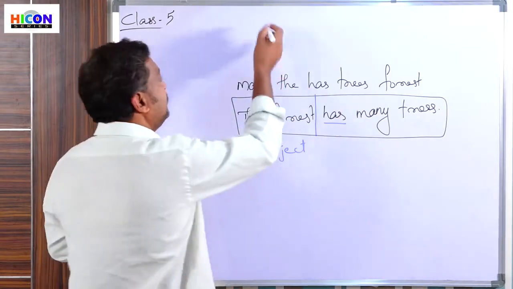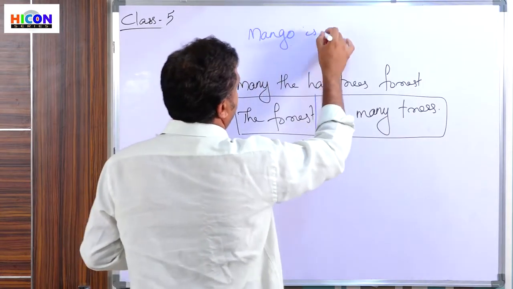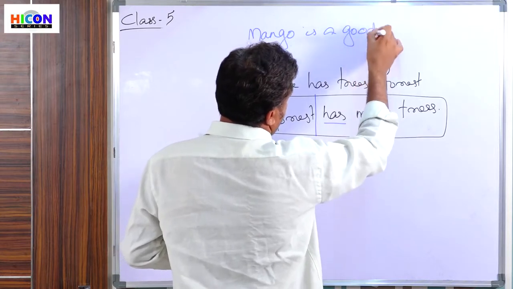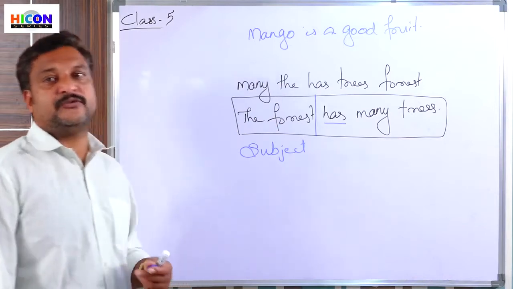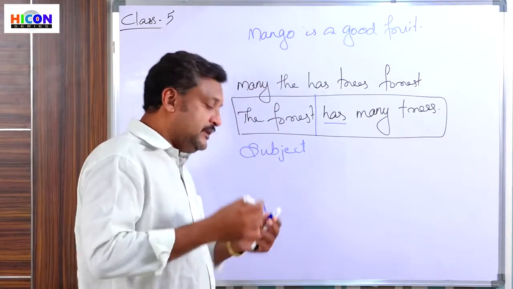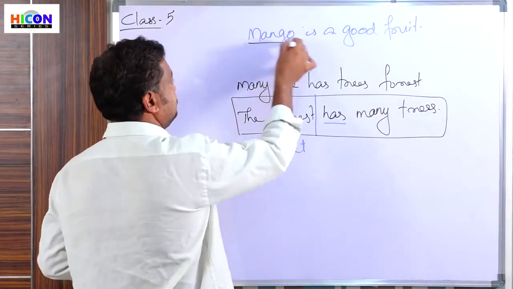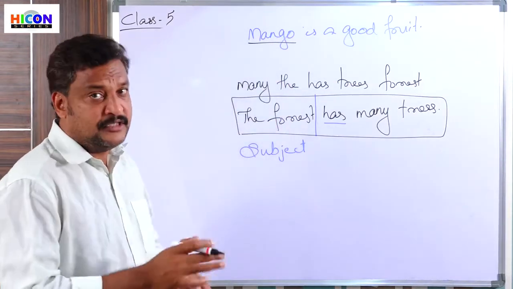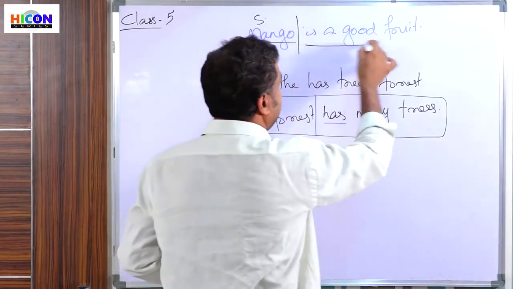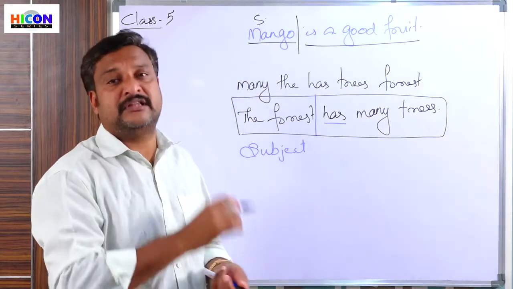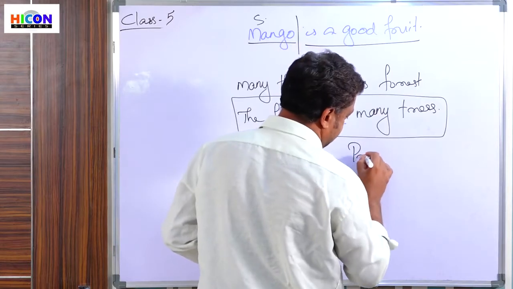If I say, mango is a good fruit, what are we speaking about in that sentence? We are speaking about a mango, so mango is the subject, and the remaining part, what we speak about it, is the predicate.